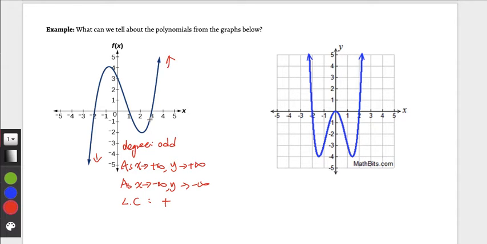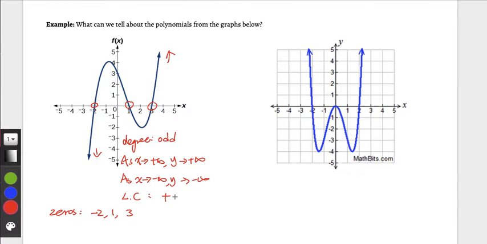You see, from this graph, we actually have a lot of information so far. And what we mentioned today is that now we check zeros. We know there are three zeros here, which are, let's write them down, -2, 1, and 3. We know these values are the ones that make y equal to 0, right?